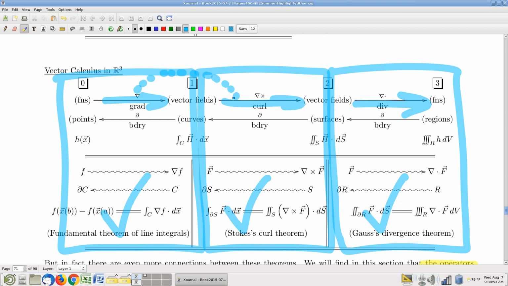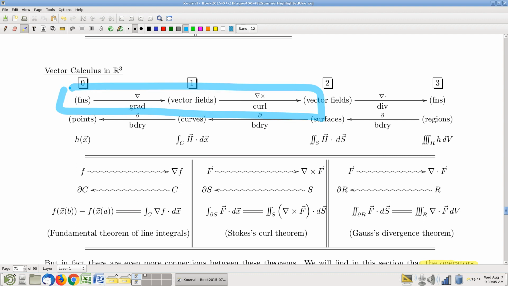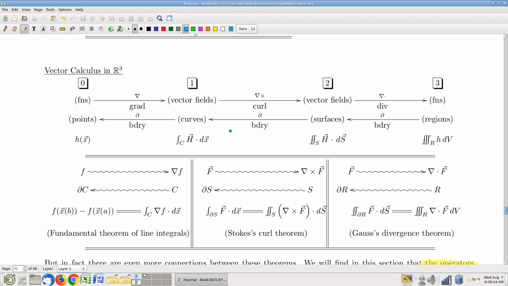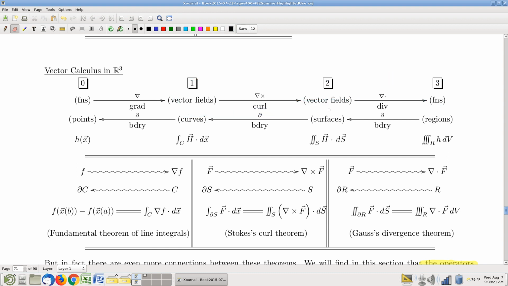Now here's another selling point for the diagram. It's not just about analogies. There are connections between the operators themselves, composing them as indicated in the diagram: taking the curl of the gradient of a function, taking the divergence of the curl of a vector field. Really interesting things happen.